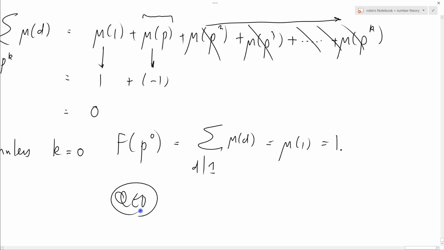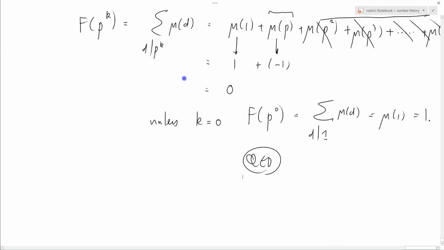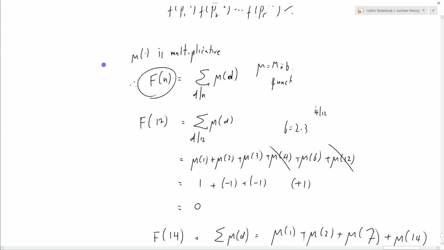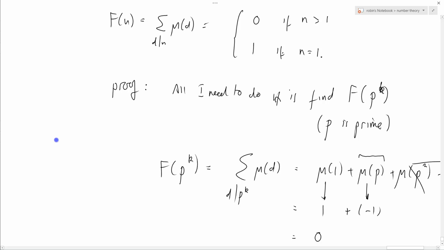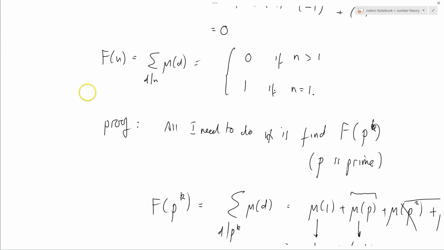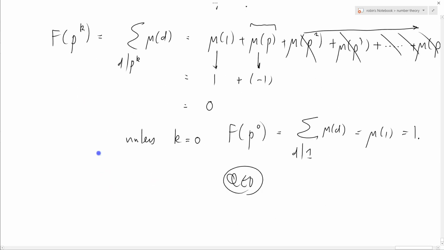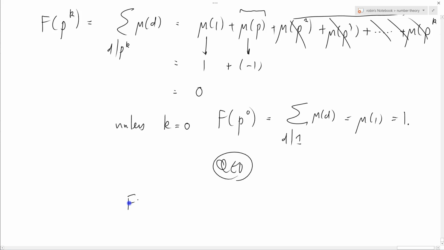QED. So now we've proved this result because we've evaluated capital F of p to the k equals 0 if p is prime and k is greater than 0.